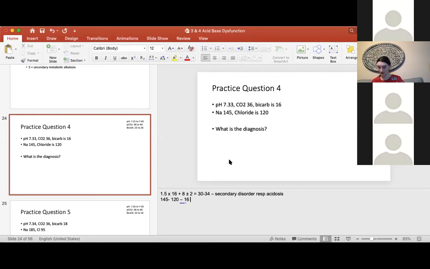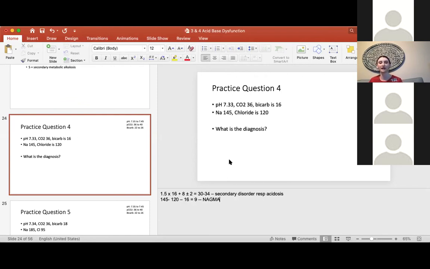Is 9 less than 12? Yes. So that means we have a NAGMA, a normal anion gap metabolic acidosis, and respiratory acidosis. So correct. Good job.